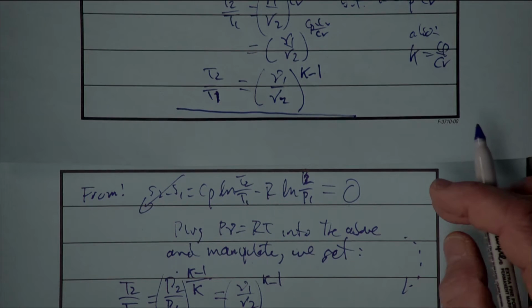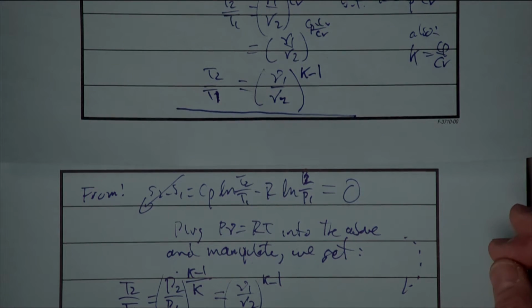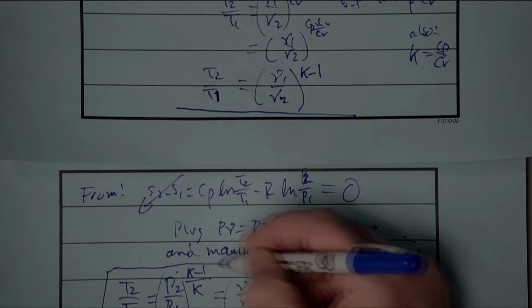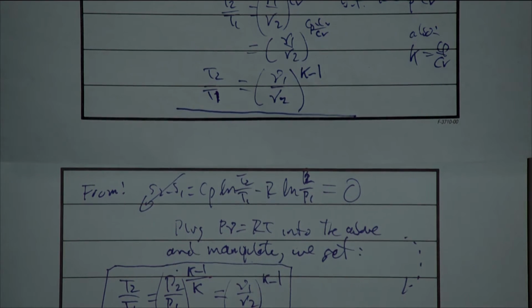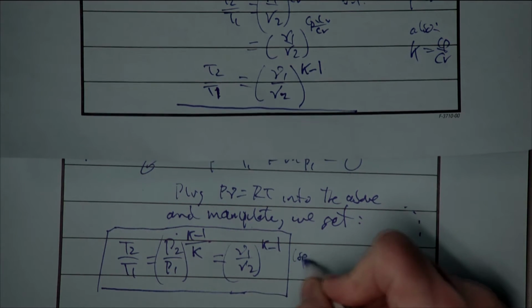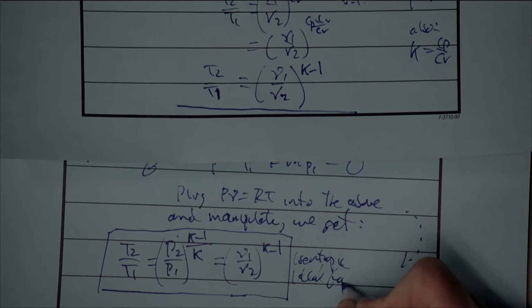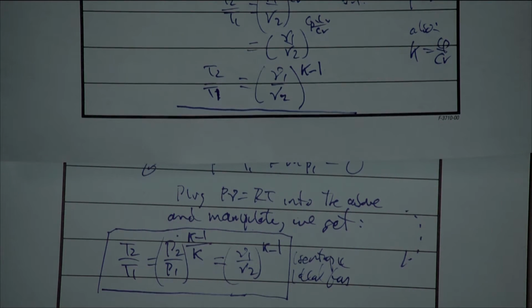Just because we're potentially using a different equation doesn't mean we should get different results. So we have found through this other equation essentially the same thing. So ultimately, let's put a big giant box around it. This equation is the equation that we're going to use for an isentropic process involving an ideal gas. Okay.